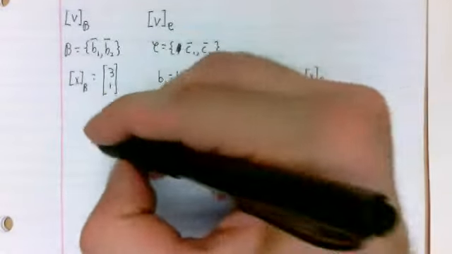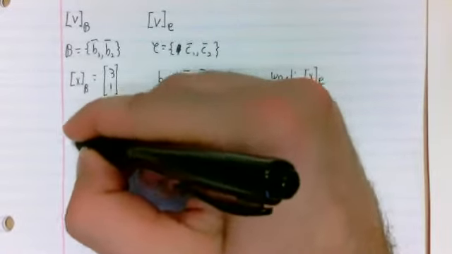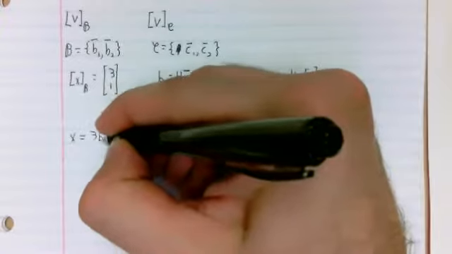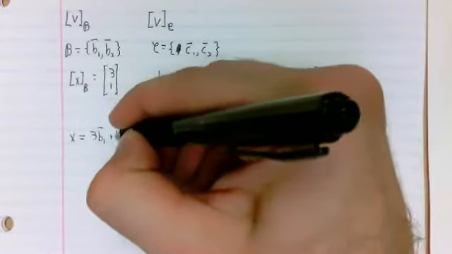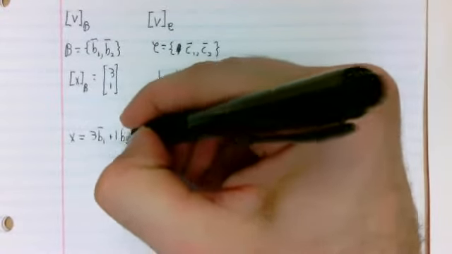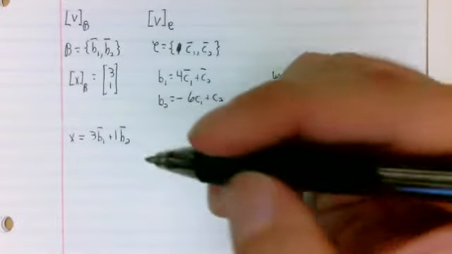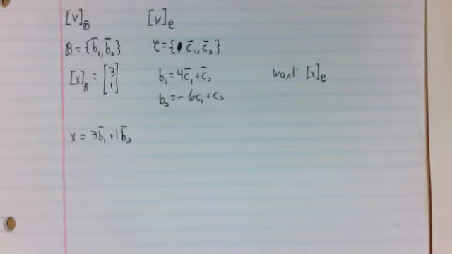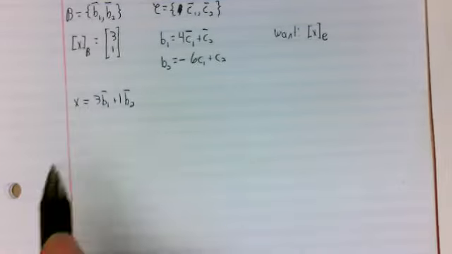This expression here tells us that x is 3b1 plus 1b2. And the coordinate mapping is an isomorphism.